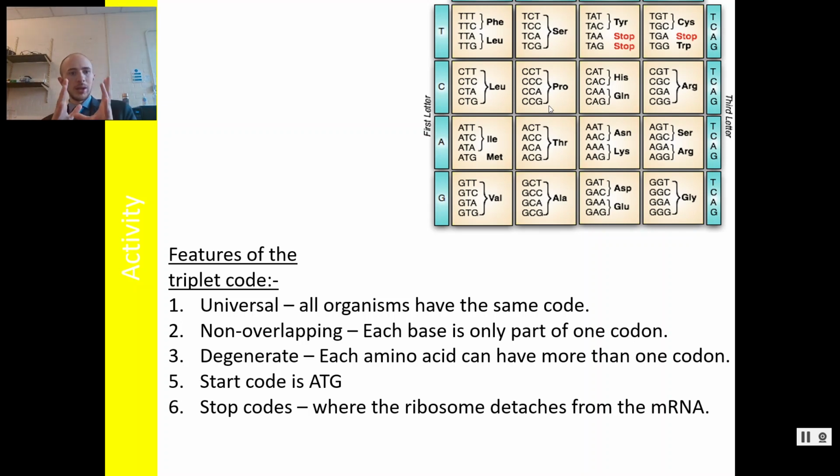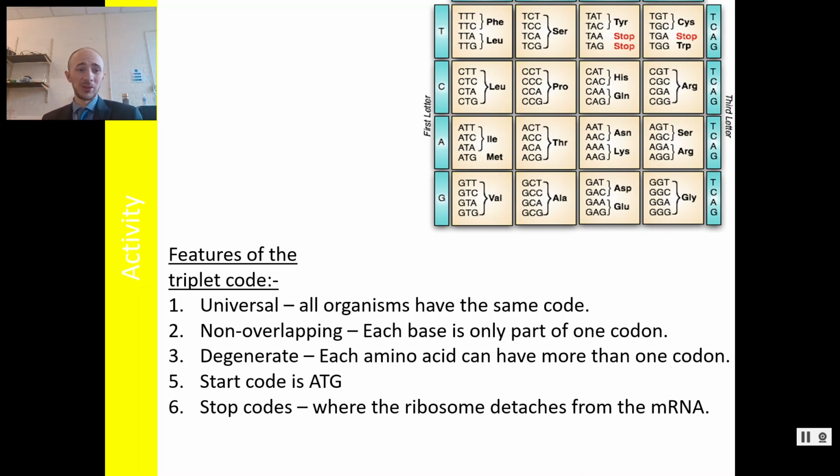If a ribosome comes to those 3 bases, instead of just keeping going, it's a signal that makes it drop off. The ribosome detaches from the mRNA. So a stop codon is an area where the ribosome detaches from the mRNA.